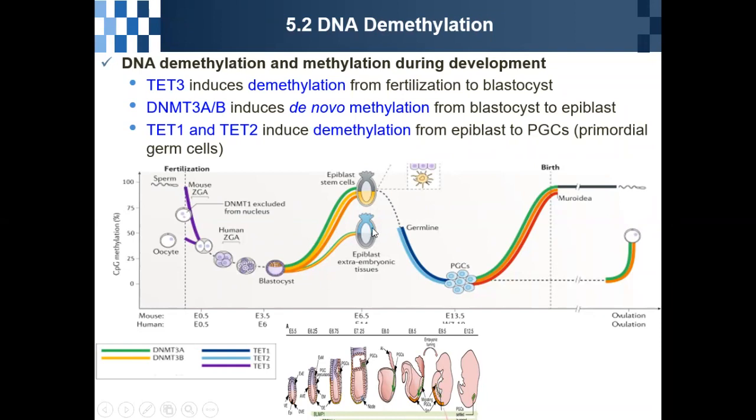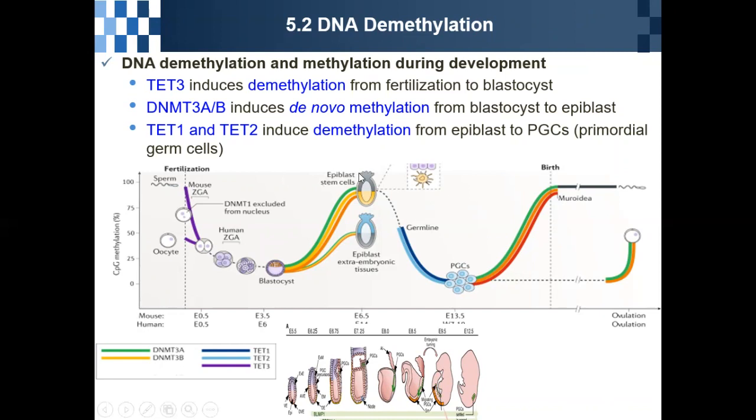After that, from the blastocyst to the epiblast, DNMT3A and 3B, not DNMT1, they did de novo methylation.